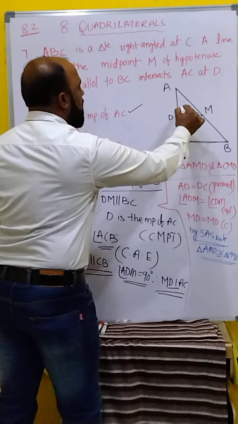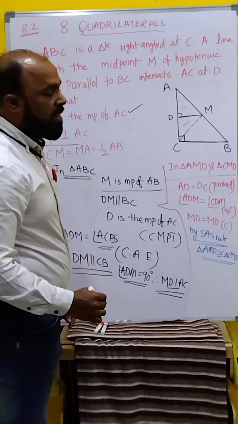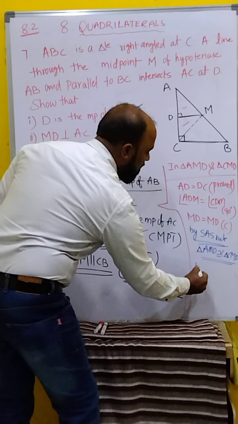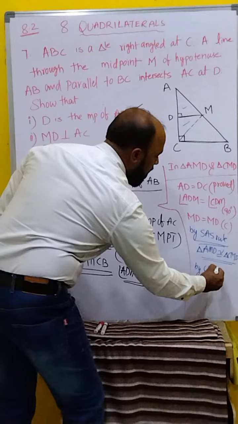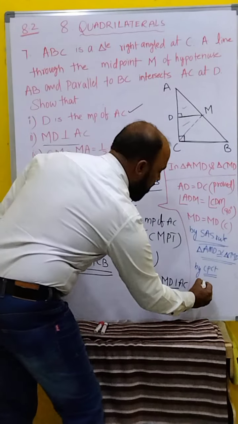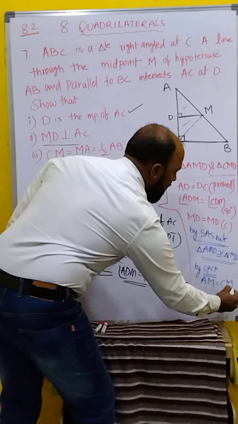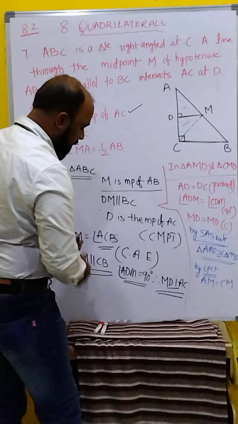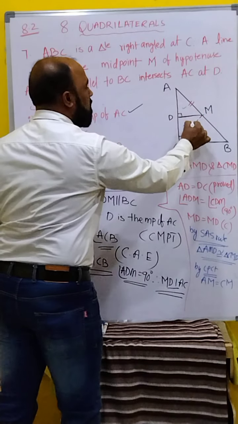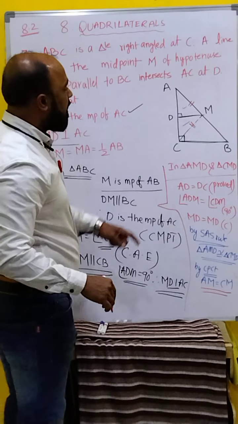Clear? Then by CPCT, AM is equal to CM. Clear children? We proved AM is equal to CM.